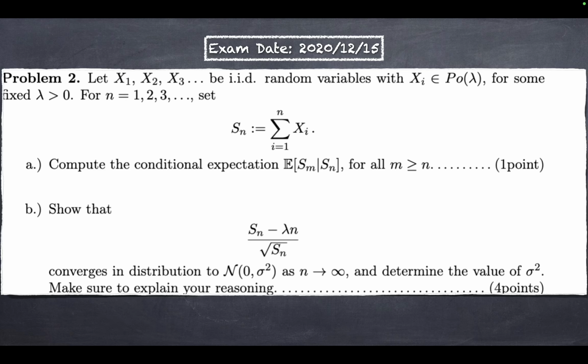So it is given that Xi is Poisson distributed with fixed parameter lambda, yes, and then we have Sn equals the sum of Xi, i goes from 1 to n as usual. We want to compute the conditional expectation E of Sm given Sn for all m greater than or equal to n. Yes?